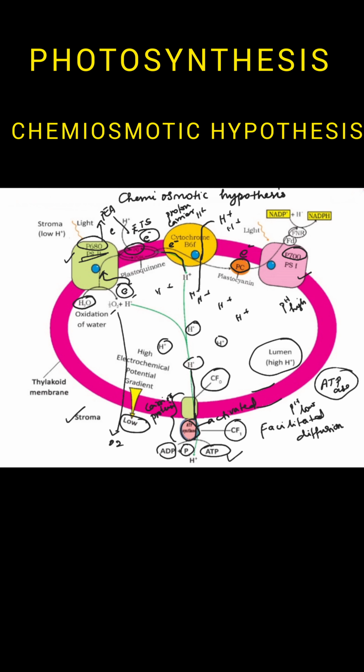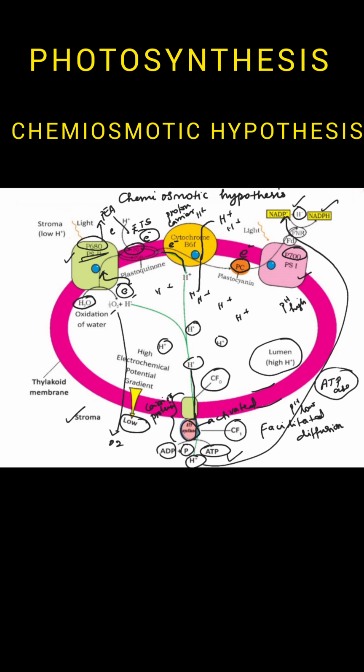Next we see another energy molecule, NADPH, and how it is formed. When the proton from the lumen reaches the stroma region, it reduces NADP plus, and the NADP plus is reduced to NADPH. As a result, the second energy molecule, NADPH, is formed.